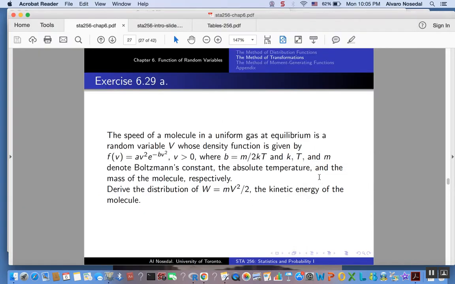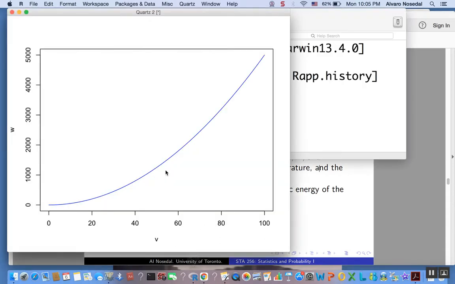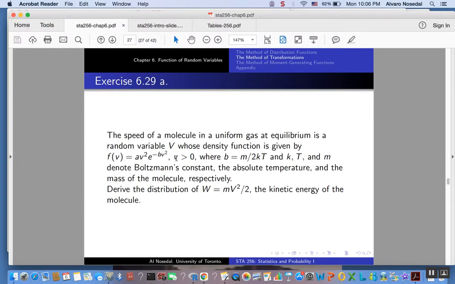V squared is going to look like a parabola, but we only have the positive part, and that's important. If we were applying this transformation, that function m v squared divided by 2, to all numbers between negative infinity and infinity, then we would be in trouble. Why?